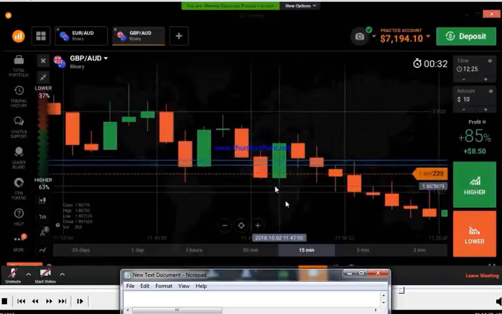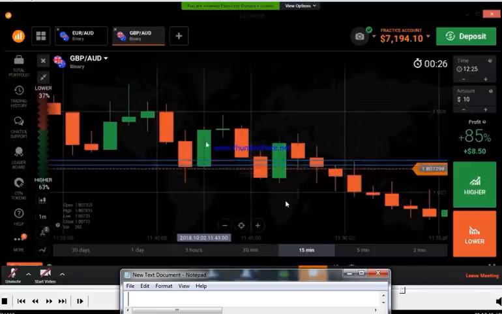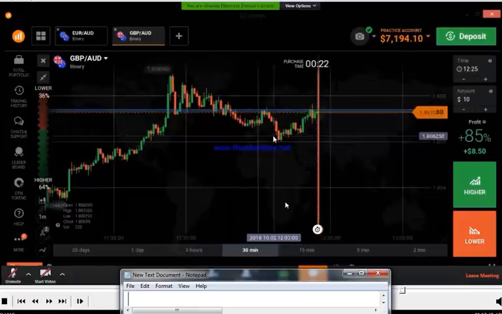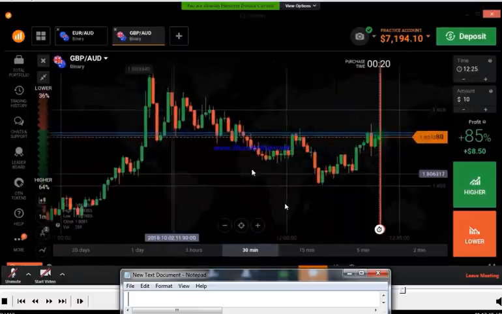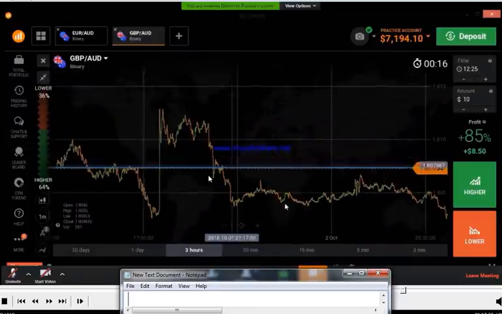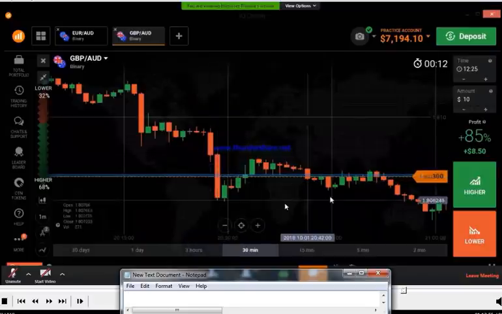Don't trade. If this would be a fake breakout, this candle will close below like this, right? So don't trade quickly on the next candle. If you want to trade, you need to wait for the breakout. Okay.